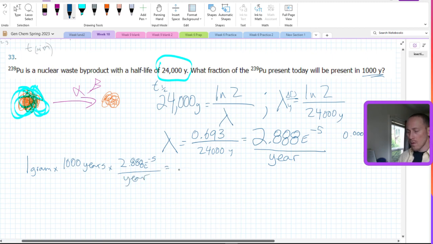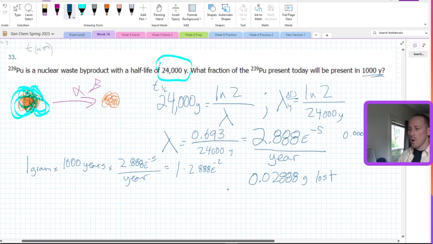So 1 gram times 1,000 times that is going to be 1 times 2. I mean, the 1 part, obviously, we can just get rid of, but minus 2. That's what 1,000 times that is. So 0.02888 grams lost. That's how much it will lose over 1,000 years.